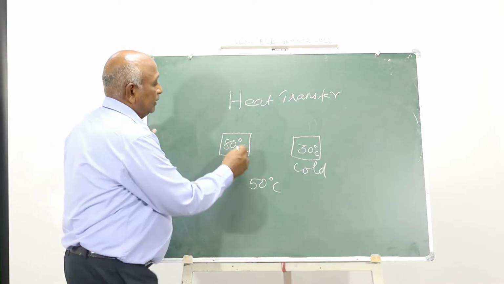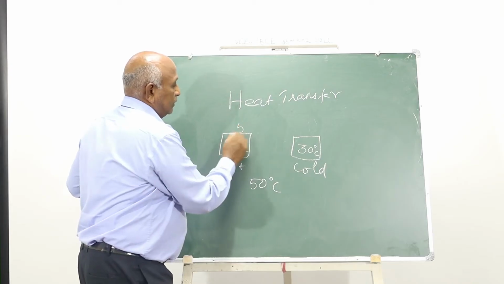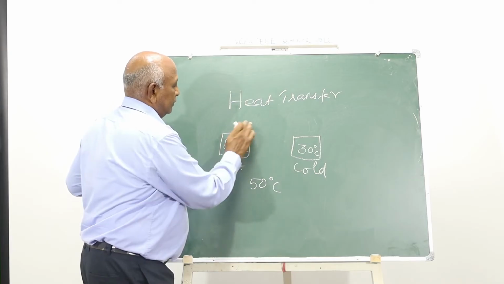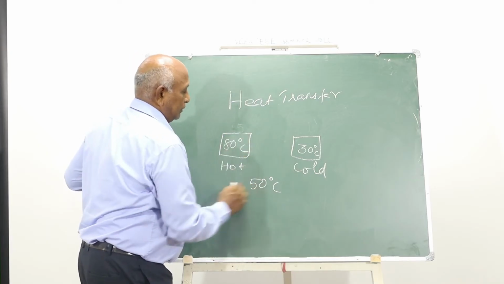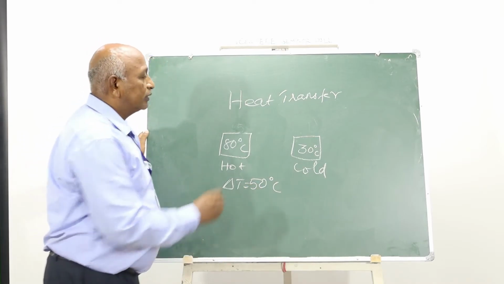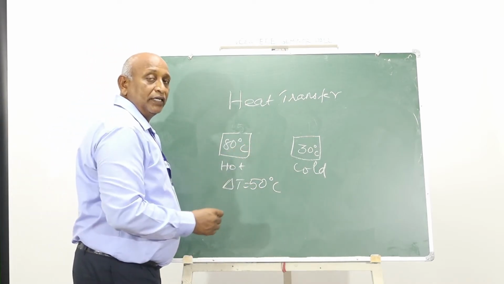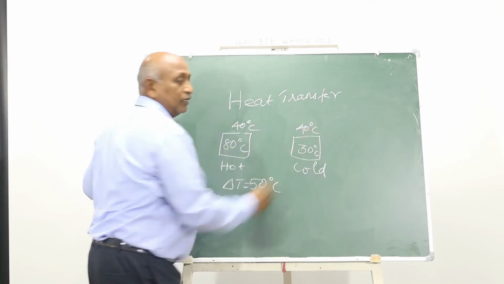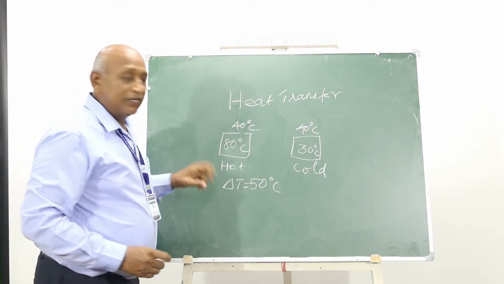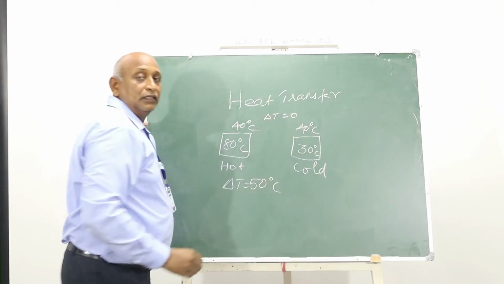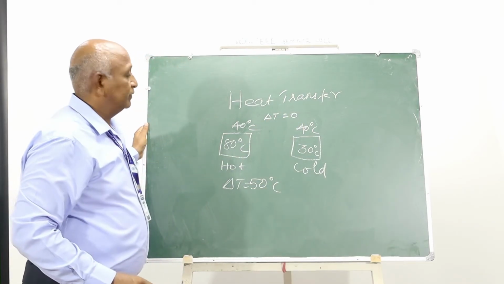That means this temperature difference, when both the hot and cold bodies attain the same temperature, for example, 40 degrees Celsius and 40 degrees Celsius. If you see, the temperature difference at this point is 0. This is called the equilibrium state.